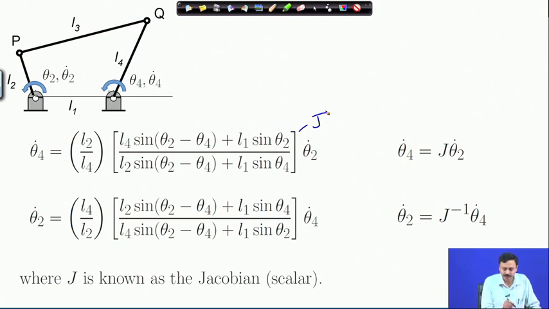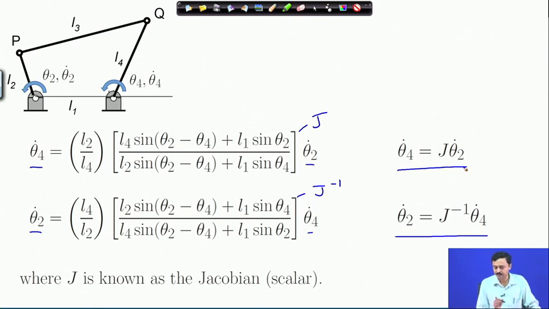So, the Jacobian takes theta 2 dot as input and gives us theta 4 dot, whereas this Jacobian inverse takes in theta 4 dot and gives us theta 2 dot. So, these are the expressions compactly written in terms of the Jacobian. Now, here again the Jacobian is a scalar, that means it is a number. Given the configuration, now you can very easily find out the Jacobian.